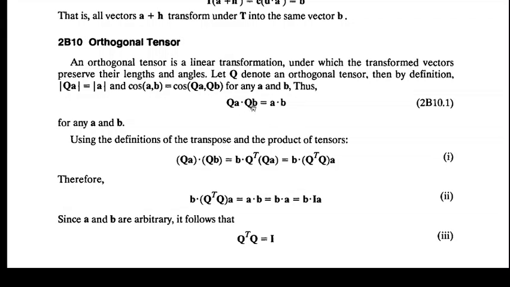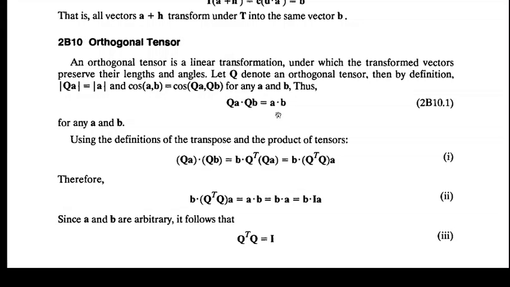Now, by using this definition, we can have the relation QA dot QB equals A dot B. How will this come? This is very simple. QA and QB are two vectors, the transformed vectors of A and B. So apply the definition of dot product on these two vectors.